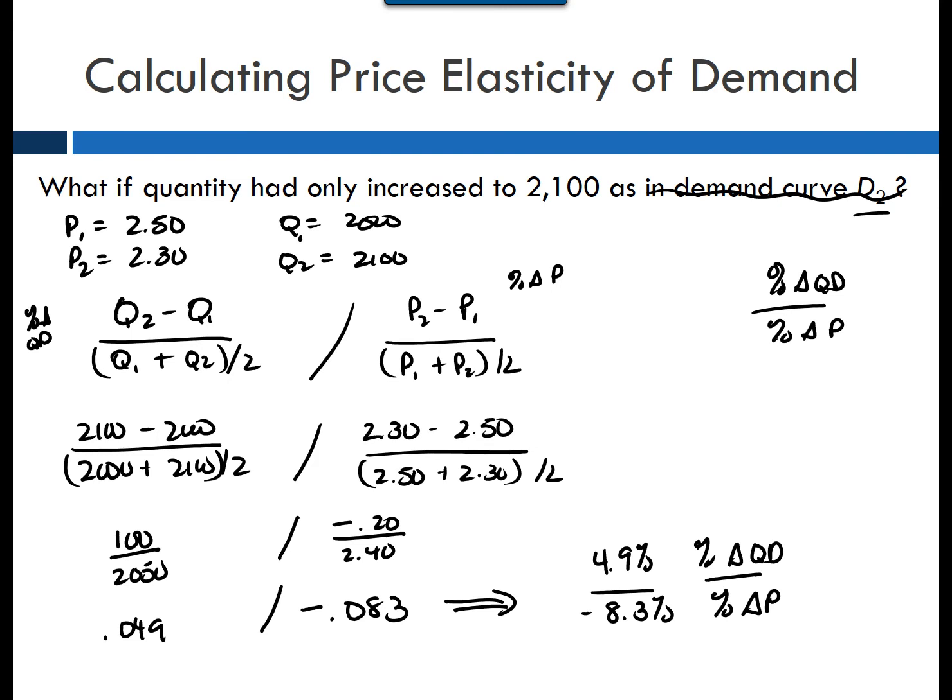So you get negative 0.59, sorry, even though we ignore the negative, I keep putting it in because we do use it later, so it's a good habit to get into. That absolute value is smaller, so we get inelastic. There was still a response, but it's small, and the response is smaller than the thing that caused it.